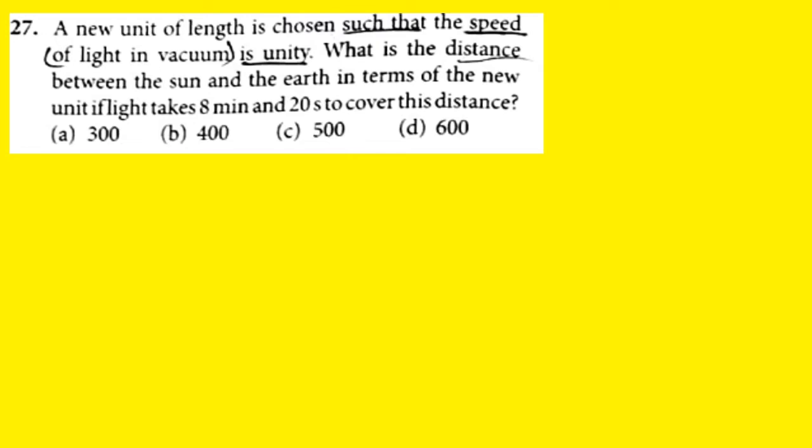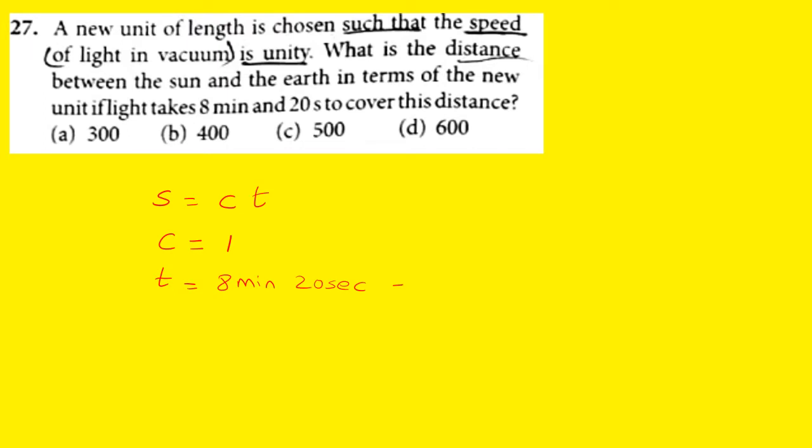So you all know the formula, children. S is equal to CT, where C is given as speed of light in vacuum, which is unity. Time, T is given as 8 minutes 20 seconds.